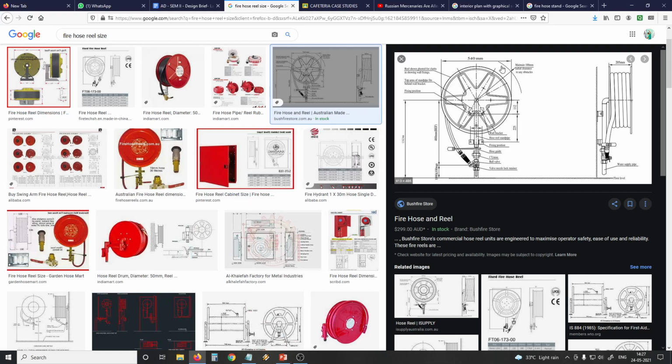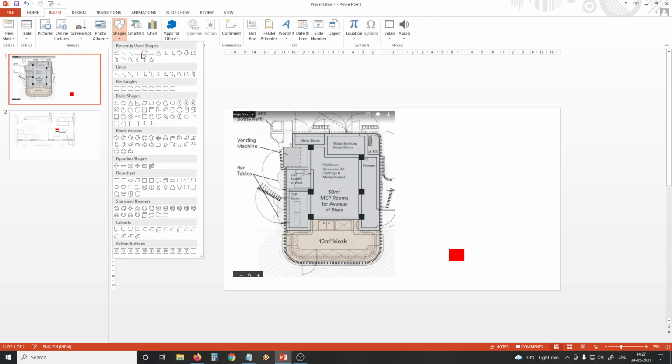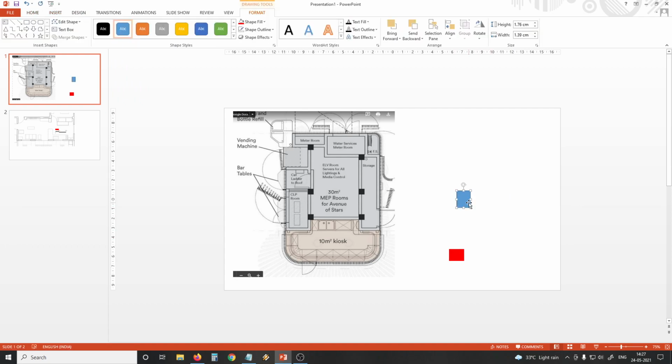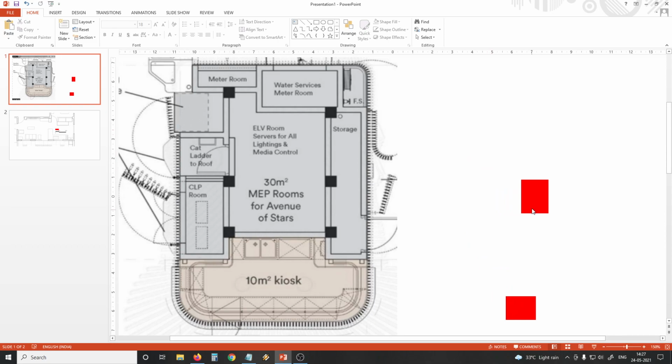So let's assume this as 540 or 600, something like that. I just inserted a square like this and formatted it in red so it's visible. Now I could zoom in.